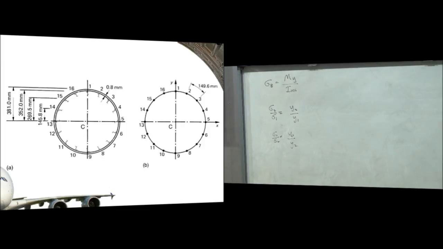Now this problem is actually from another chapter in Megson, if you're following along, because we're going to use it to do another calculation. Okay, so the area of each stringer is 100 millimeters squared.